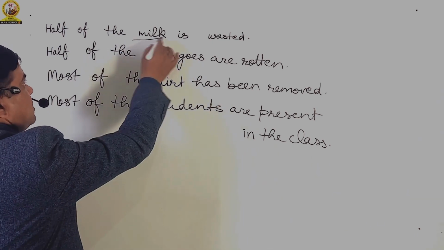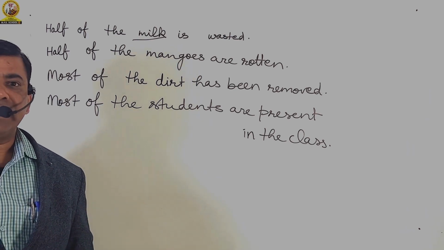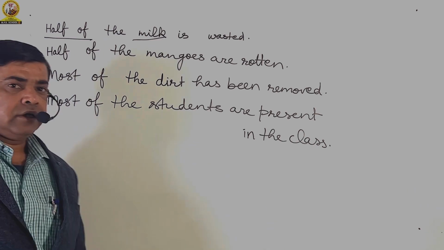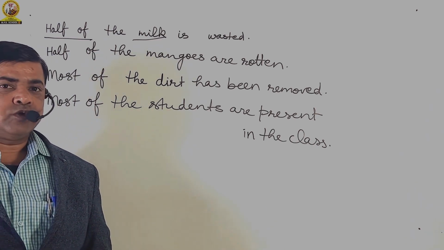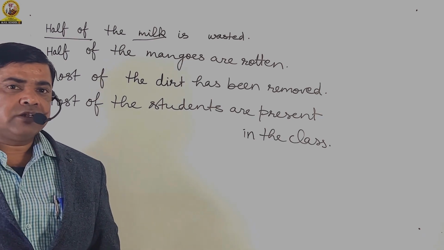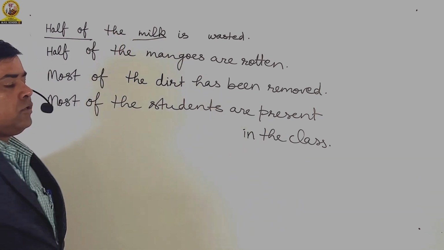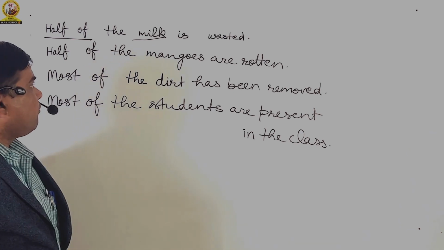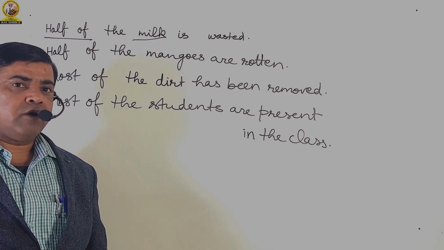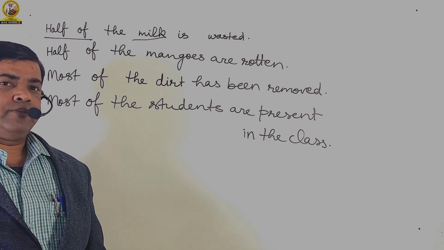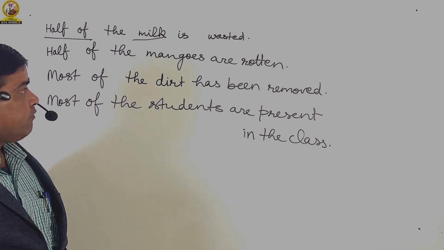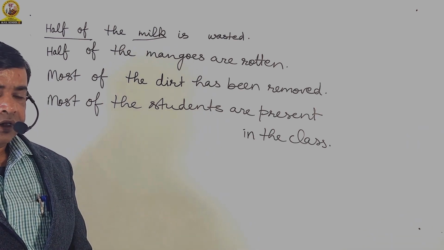Here we see that milk is a material noun and half of is used before it to denote indefinite quantity of milk. Friends, here we have to use the between half of and milk. It means before the material noun we have to use the in this type of sentences. So half of the milk is wasted.